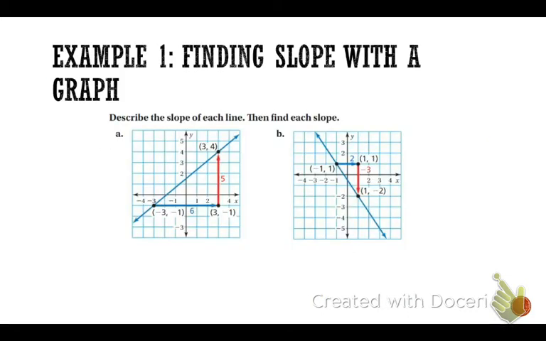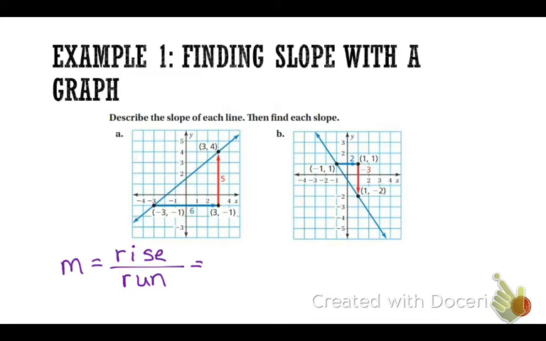So how do I find slope with a graph? If I have a line on a graph, I can measure the distance between 2 points and write it as rise over run. So I want you to write that down just somewhere around point A. M equals rise over run. This is my change in my rise.